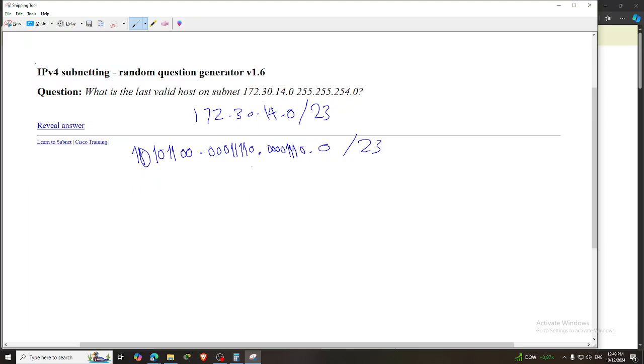Here is all network address, and here is the network bits. So to be able to calculate the last usable address, we will have to, just one moment.